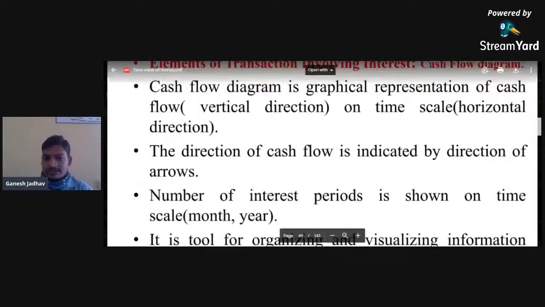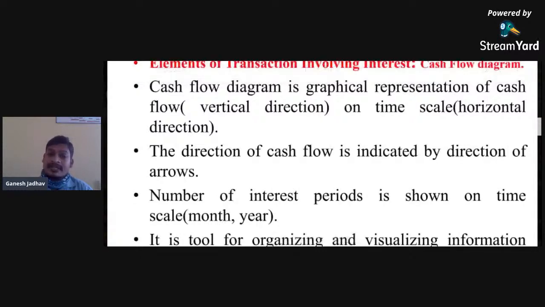Okay, so the cash flow is a graphical representation in the form of x and y axes, with the time scale on the x-axis and the cash flow on the y-axis, in the vertical direction.